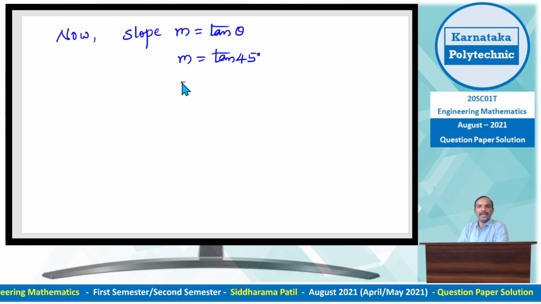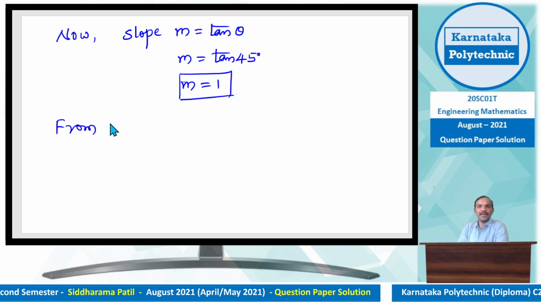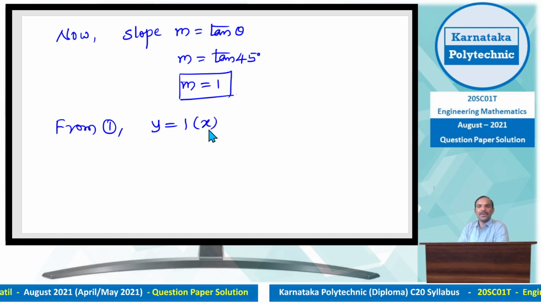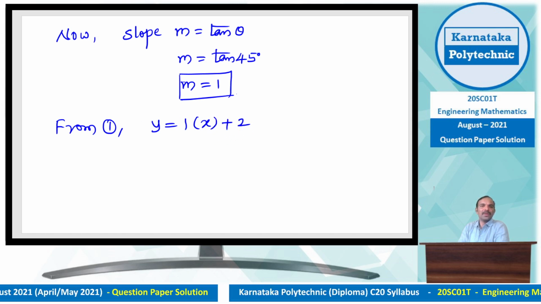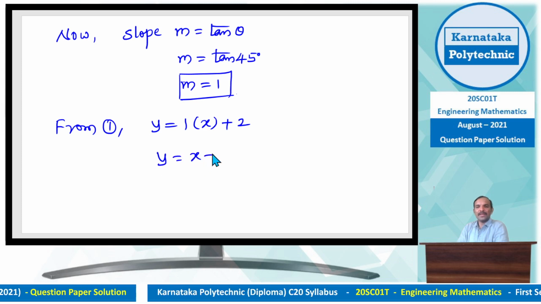Tan 45 degree is 1. m equal to 1. Now from the standard equation, y equal to mx plus c, m is 1, 1 into x plus c is 2. Therefore, y equal to x plus 2.